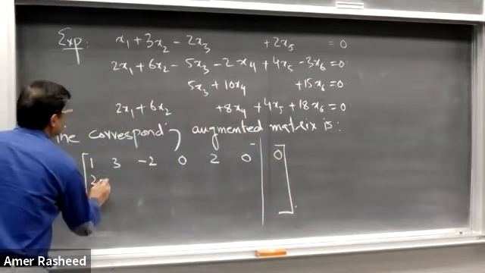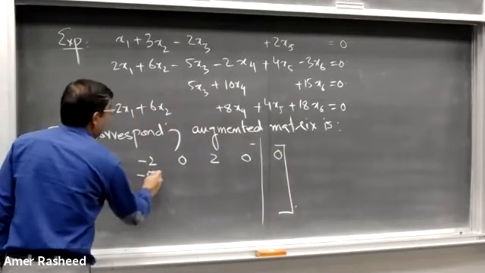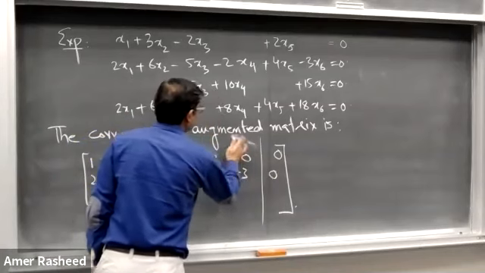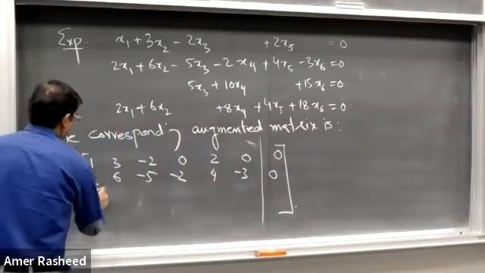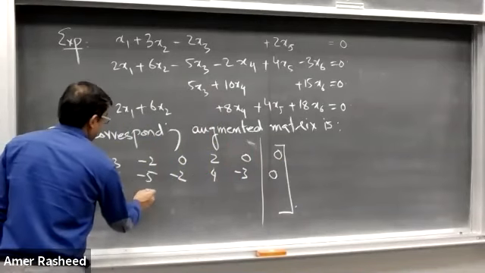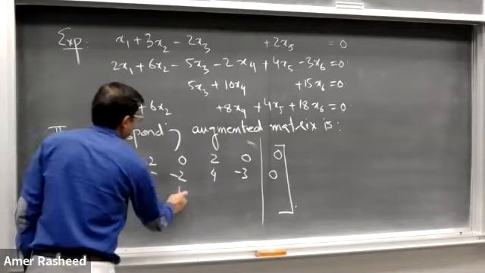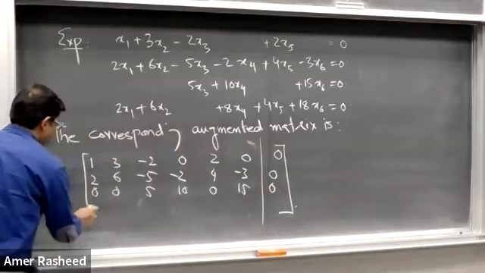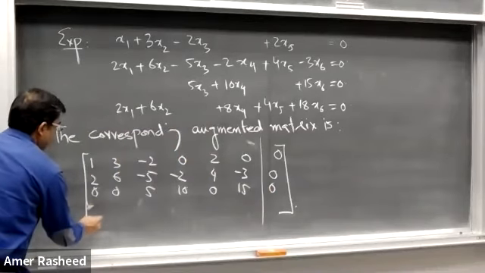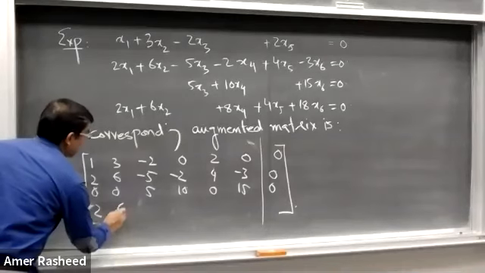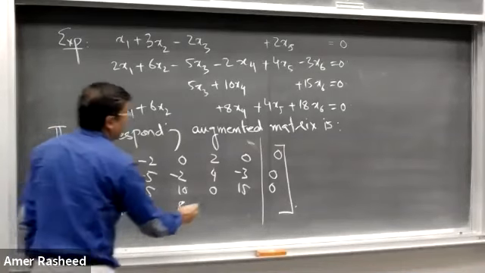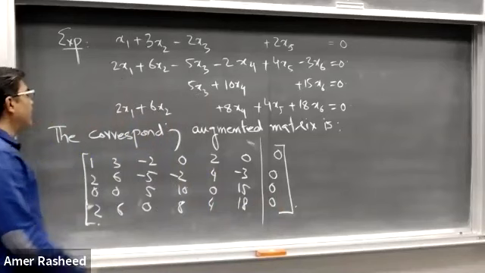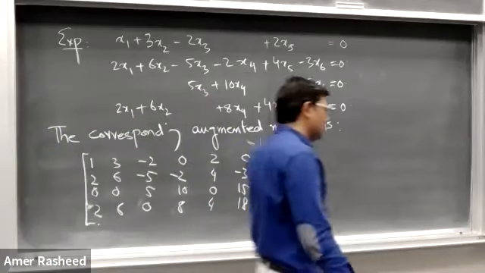The next equation is 2, 6, -5, -2, 4, -3, and then again 0. In the next equation we have 0, 0, 5, 10, 0, 15, and 0. And in the fourth equation, you get 2, 6, 0, 8, 4, 18, and then 0. Now you get the corresponding augmented matrix.